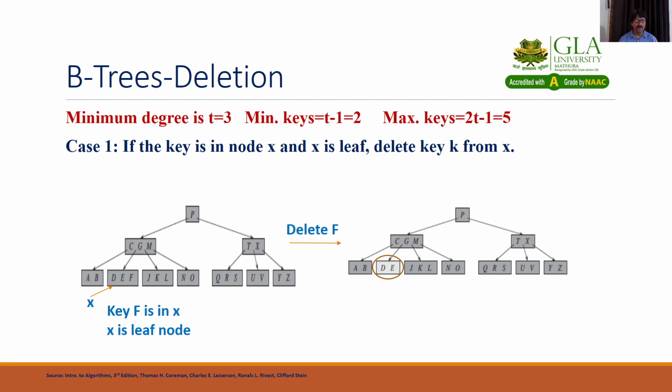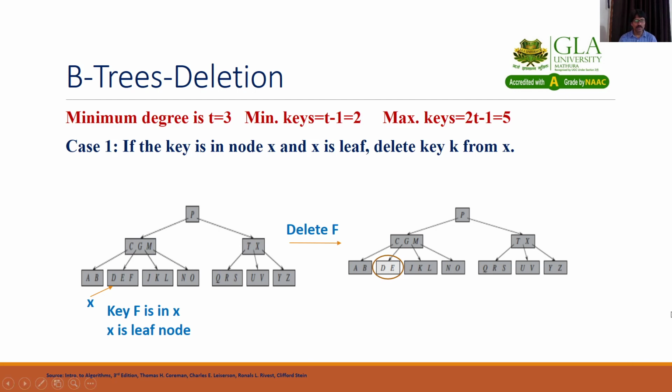If we talk about case 1, the key is in node X and X is a leaf node. I am talking about the node in which the key exists that I am going to delete being a leaf node. Then you can delete after checking the minimum number of keys property.